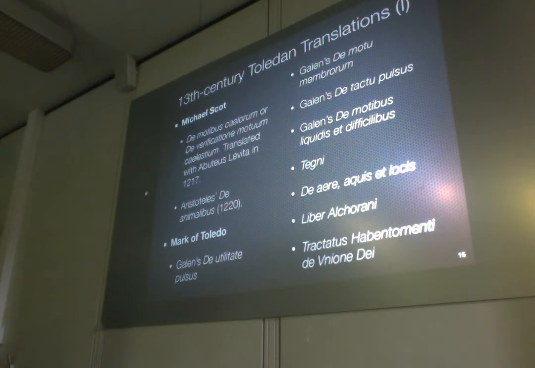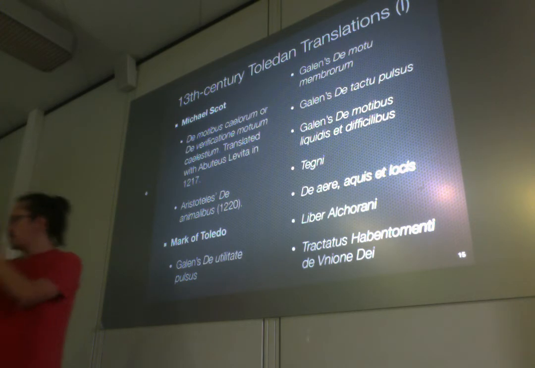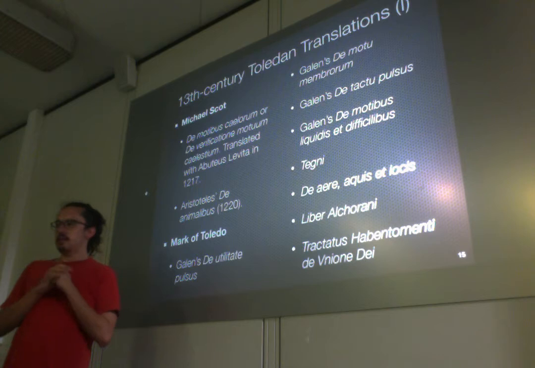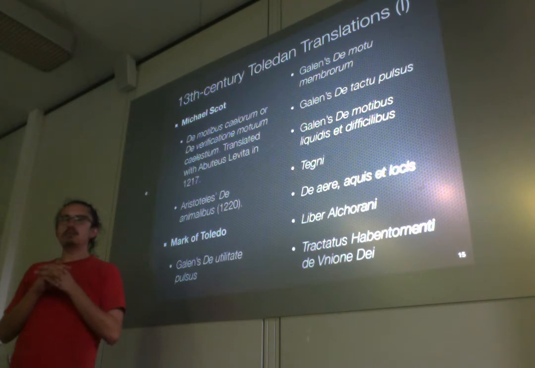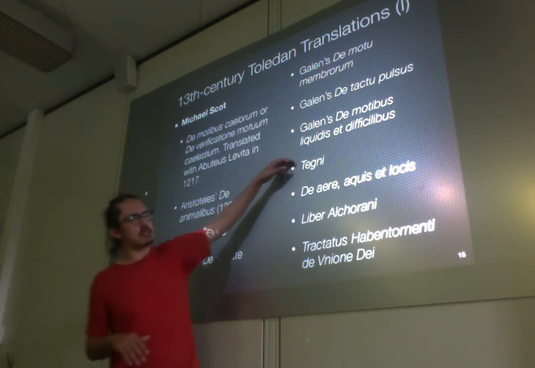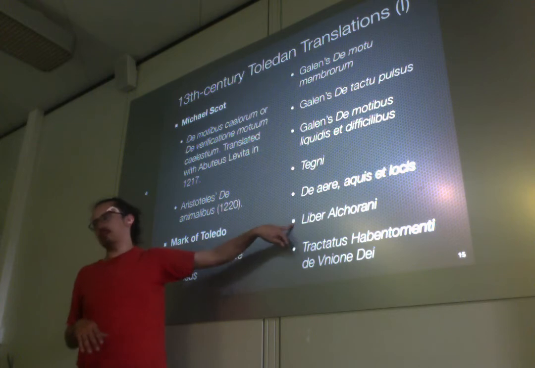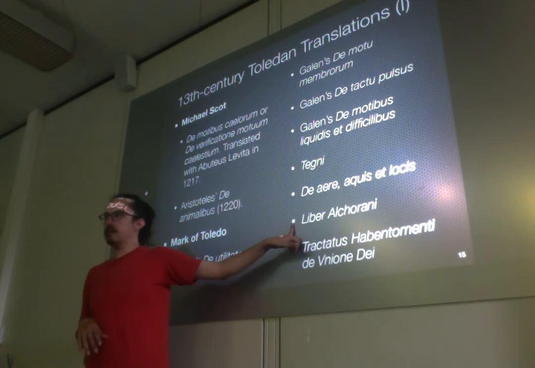Now that I'm remembering, I just want to say that in the colloquium that we had in December, we heard Julian Yolles speak about how Mark's translations of scientific works influenced his translation of the Quran.